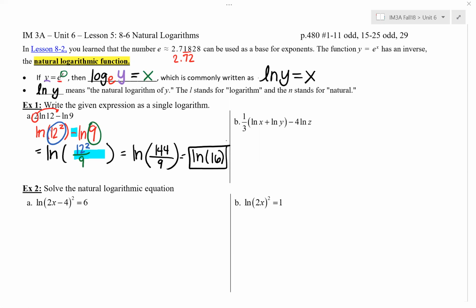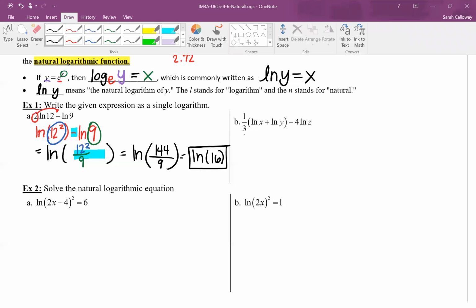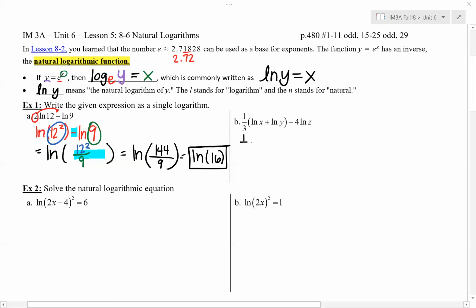For B, we have parentheses. When we work with parentheses, we want to start inside our parentheses first. I'm just going to copy down the 1/3 because that's going to stay there. If I have ln of x plus ln of y, I want to bring that together and make a single logarithm. I'm just going to copy down the minus 4 ln of z.